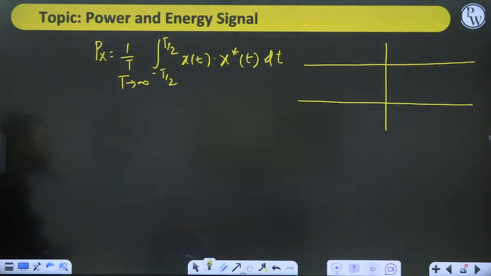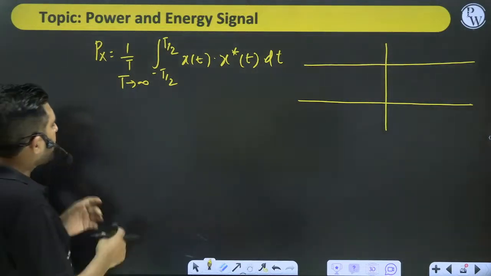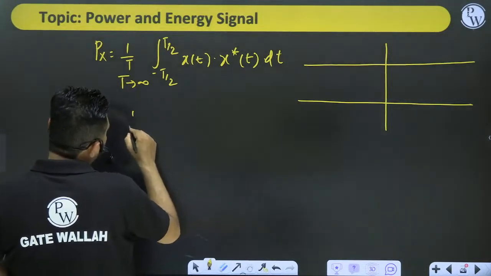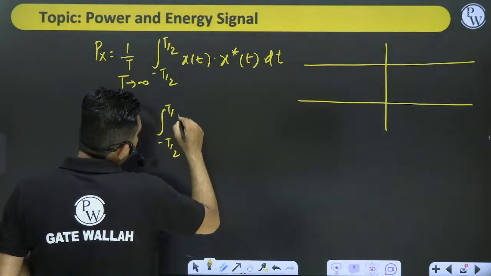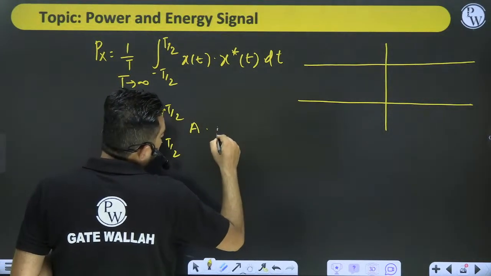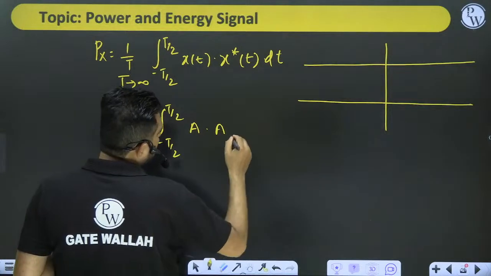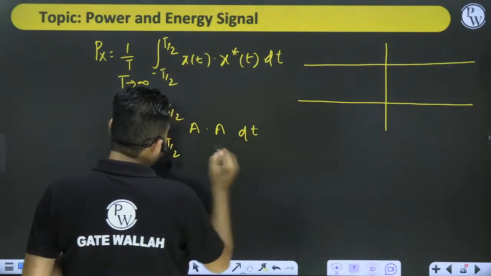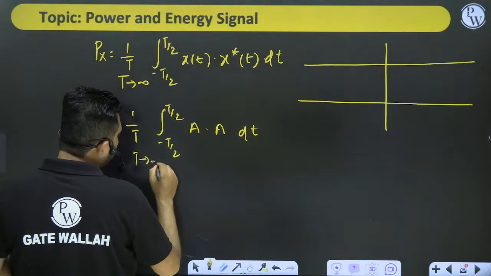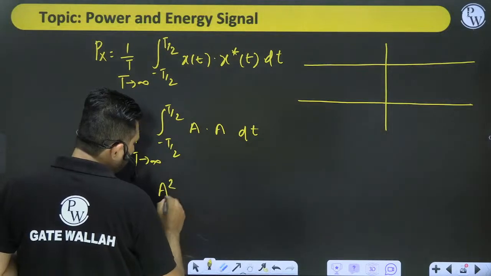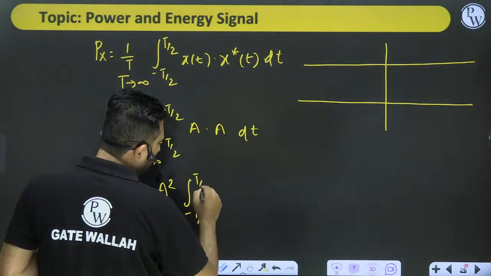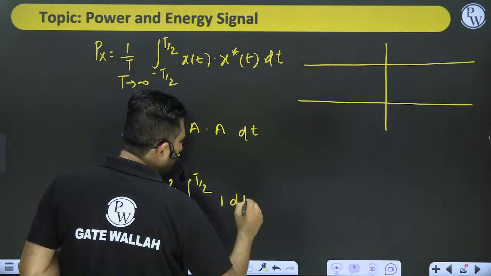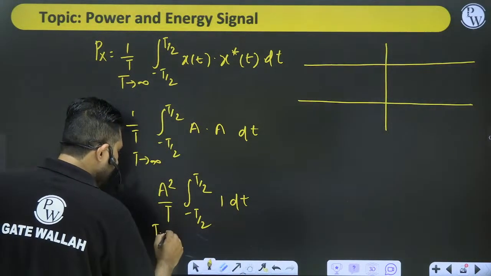Okay? So let's find out here: 1 by T, integral from minus T by 2 to T by 2 of x(t) is A into A dt with T tending towards infinity. It is A square by T, integral from minus T by 2 to T by 2 of 1 dt, with T tending towards infinity.